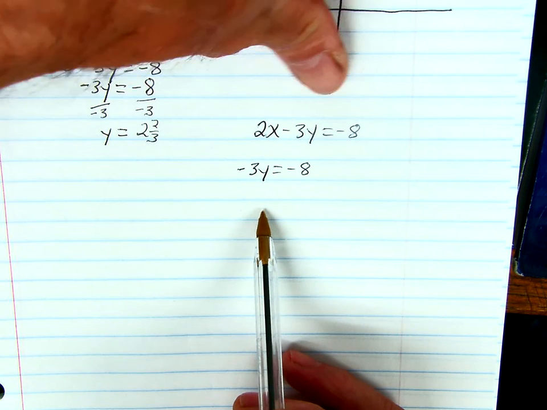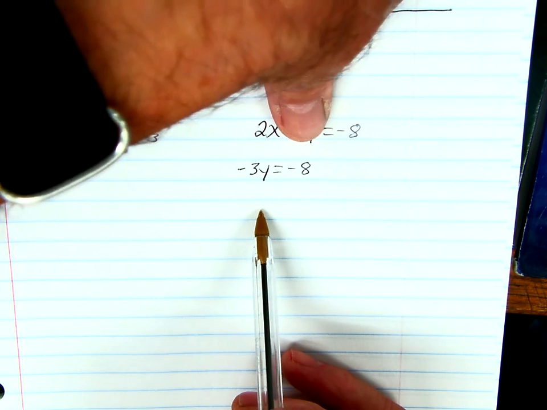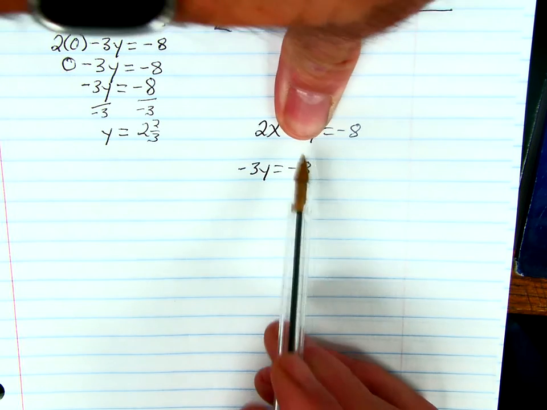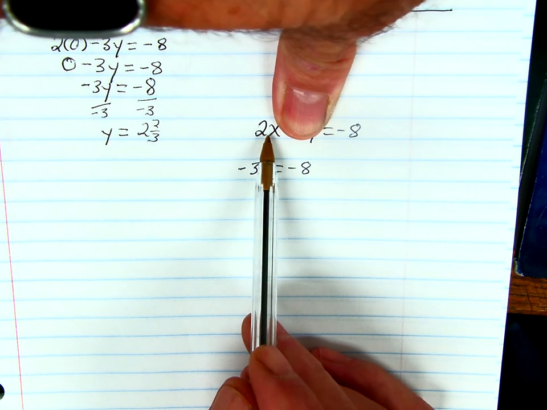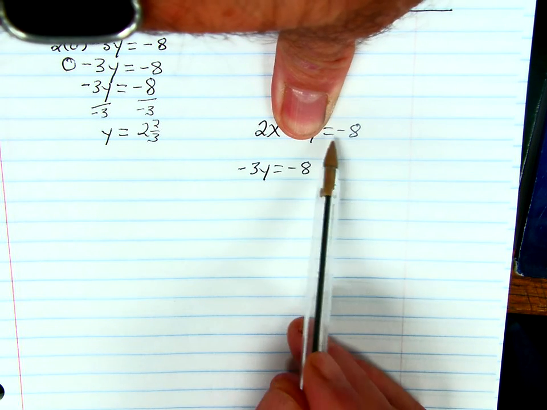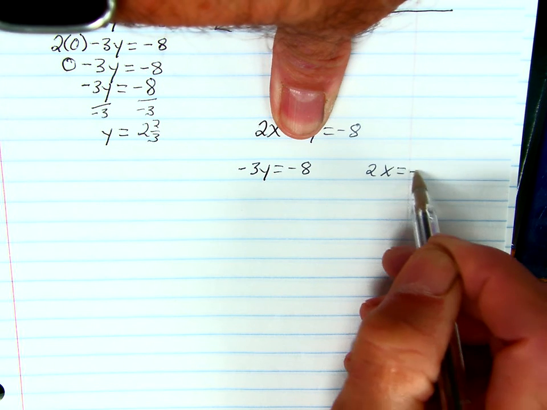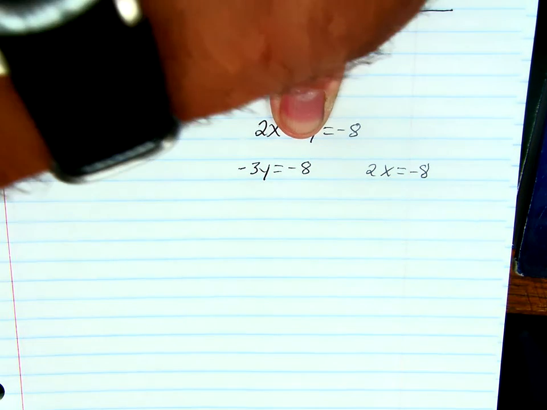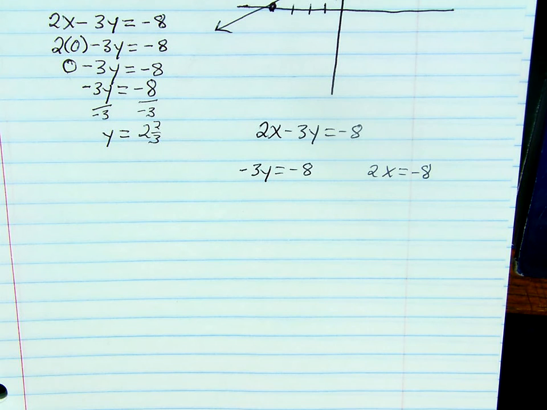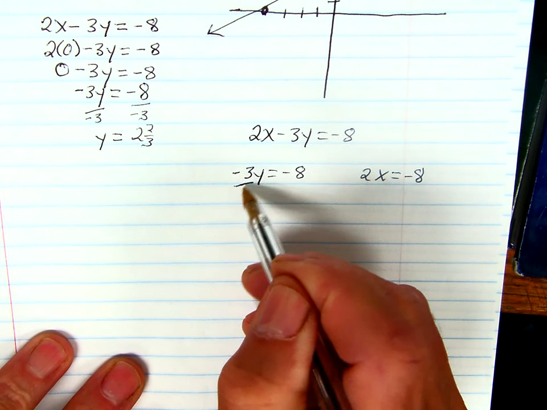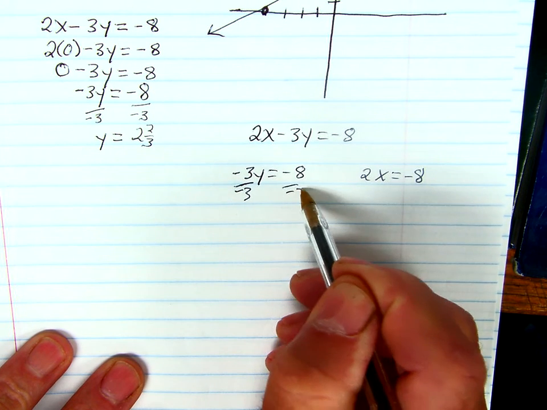So let's go ahead and write our other equation. We get it by covering up the other term and writing down exactly what's left. 2x equals negative 8. Now, usually the only thing that's left is just division. Divide by negative 3, divide by negative 3.